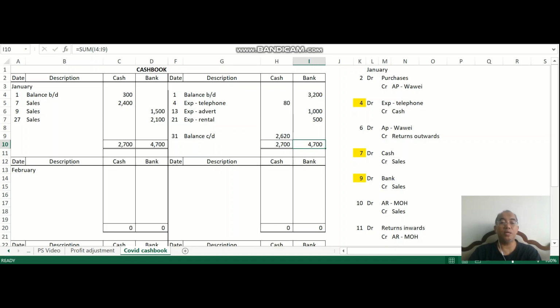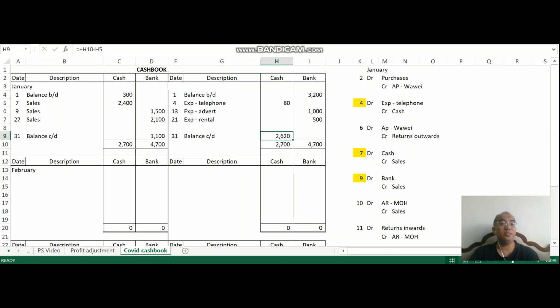If I add these two together, it's only 3,600. It's not enough. So on the 31st, balance CD, I take 4,007 minus this one and this one, then I get 1,100. So this 1,100 for the balance of the bank is still negative, and for cash it is 2,620.